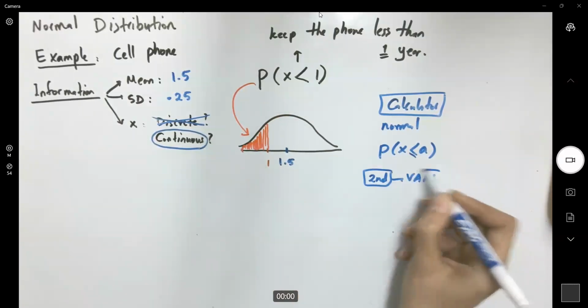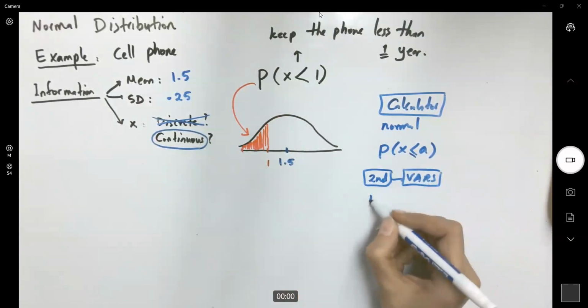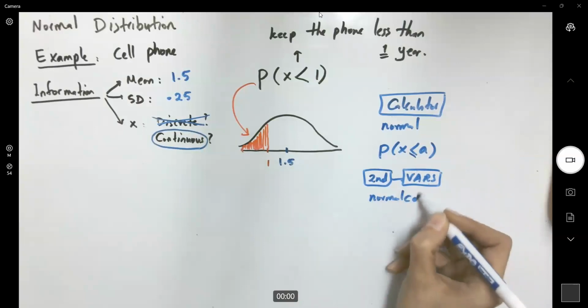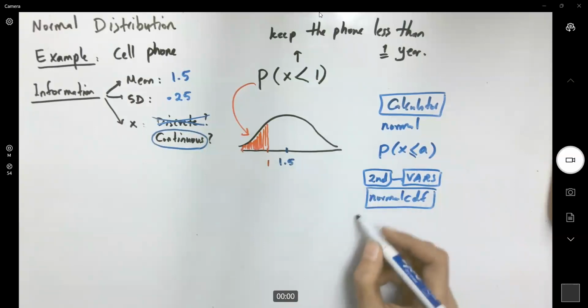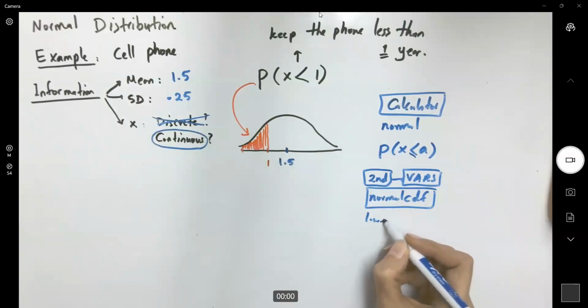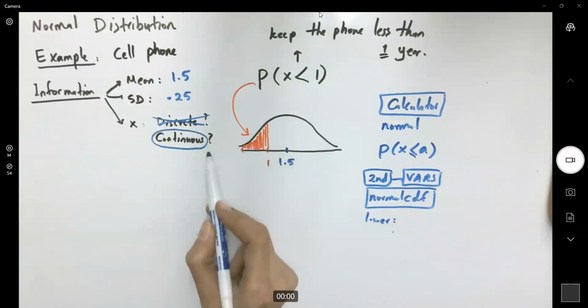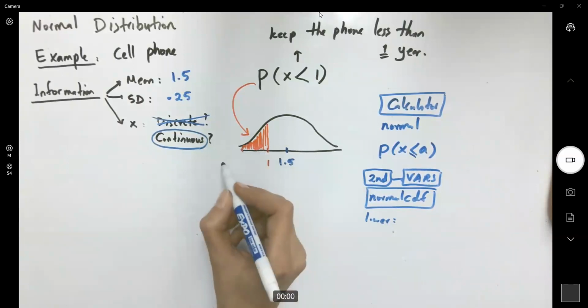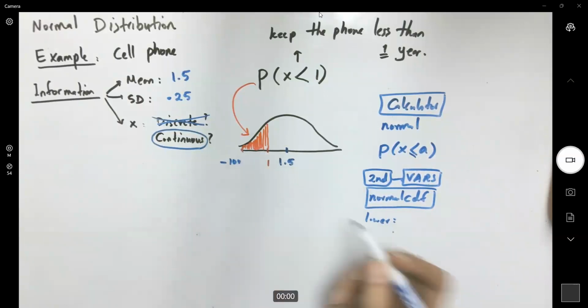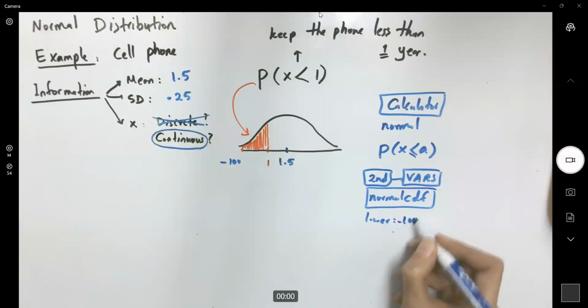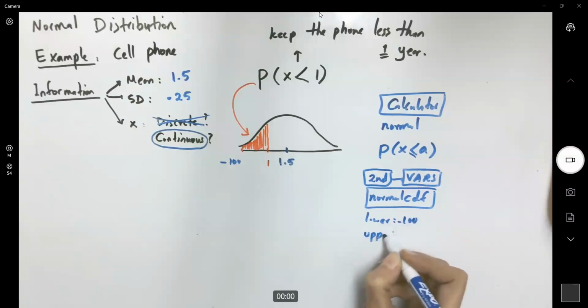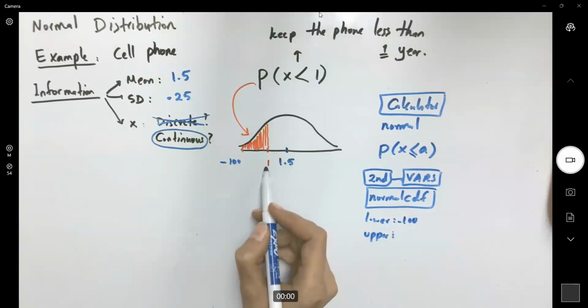Vars, normal CDF. The lower limit is going to be a number on the left-hand side, a very small number, like negative 100, negative 1,000. And your upper limit is 1.